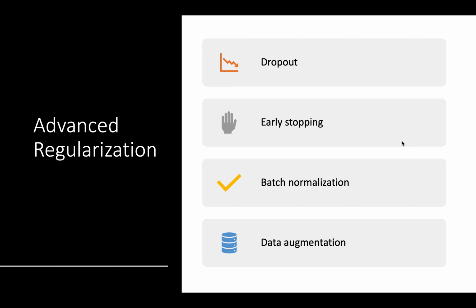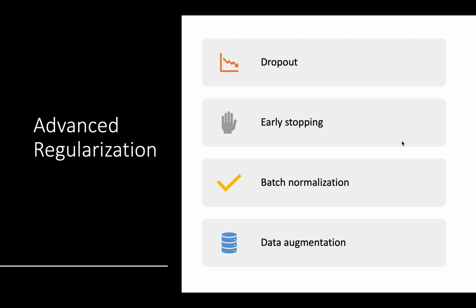The higher the percentage of the units excluded, the higher the regularization effect. Neural network libraries allow you to add a dropout layer between two successive layers, or you can specify the dropout parameter for the layer. The dropout parameter is in the range of 0 and 1, and it has to be found experimentally by tuning it on the validation data.